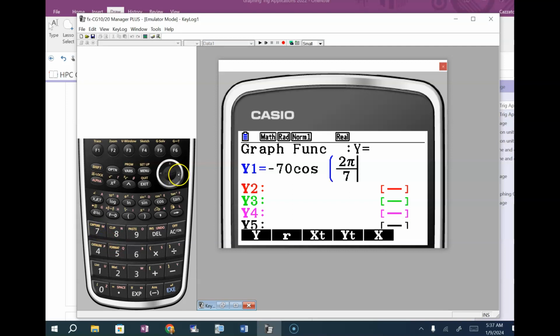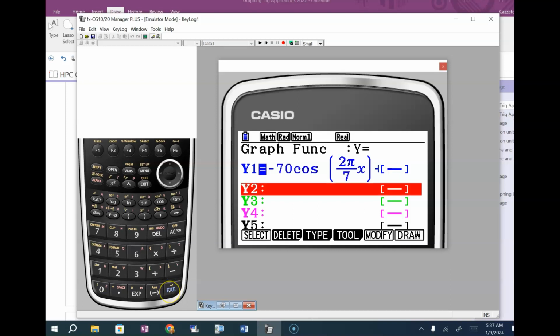Then I'll move out of the fraction and say x. I'm going to close the parenthesis, and plus 80. So what I see on paper, I'm going to type in, I'm going to hit execute.